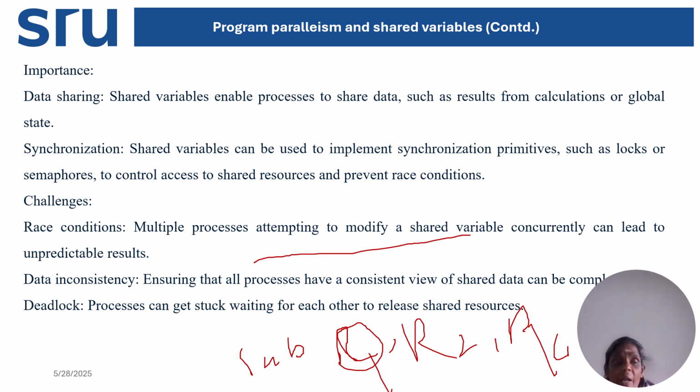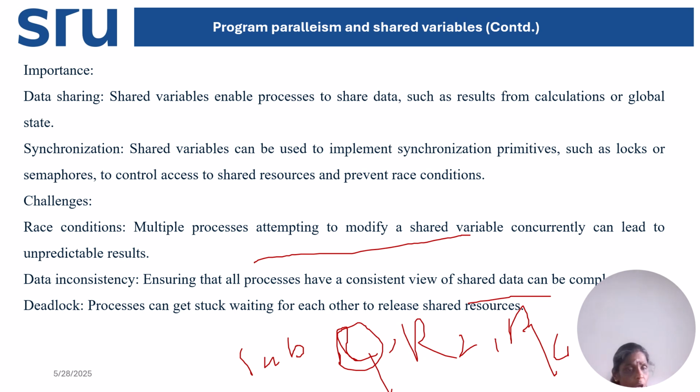That is why it is stated here, multiple processes attempting to modify a shared variable concurrently can lead to unpredictable results. So data inconsistency: ensuring that all processes have a consistent view of shared data.